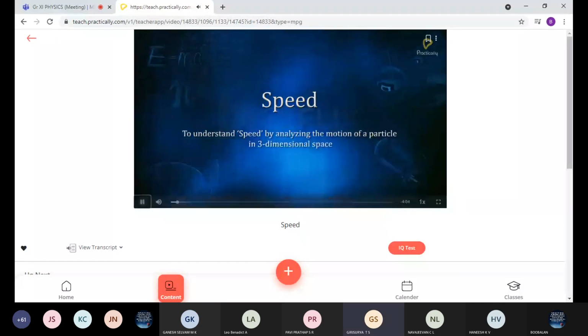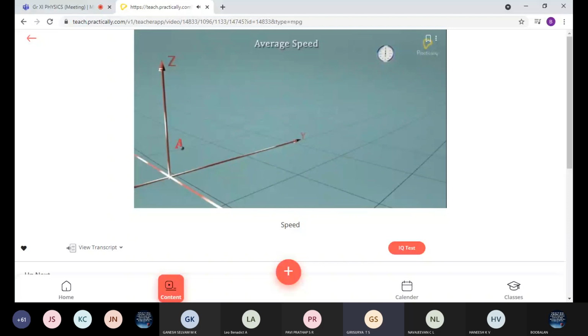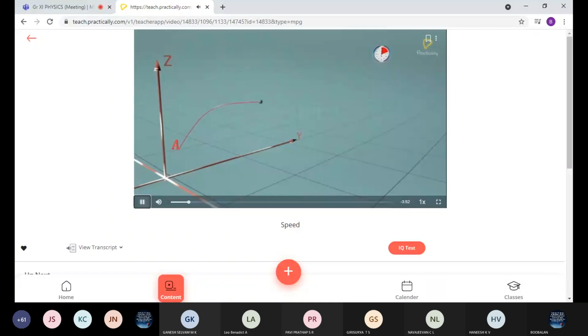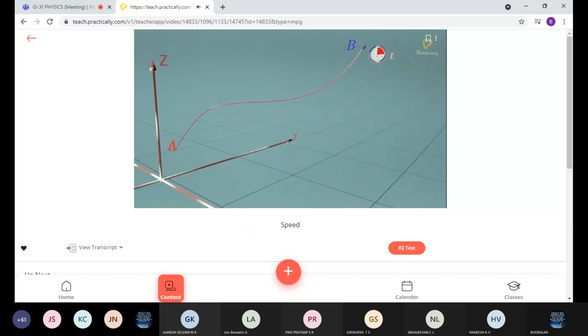Let a particle travel from point A to point B along the path shown in time interval t. Distance traveled by the particle in time t is the length of the path AB. Average speed of the particle is defined as the total distance traveled per unit time.